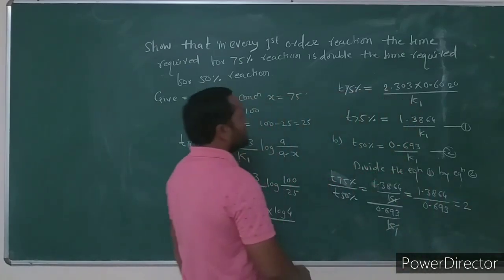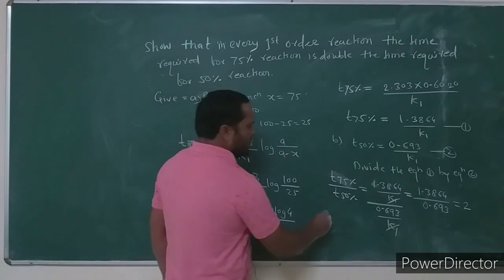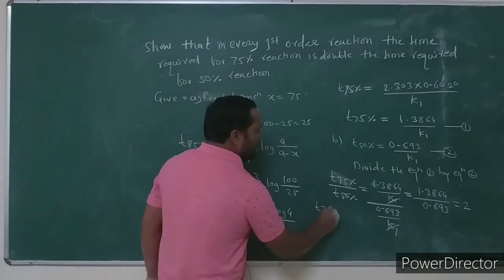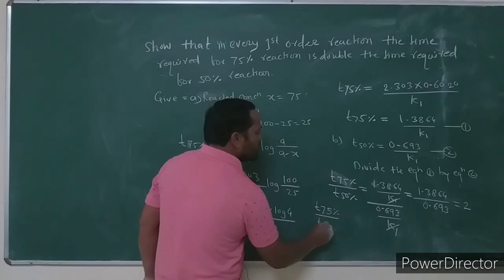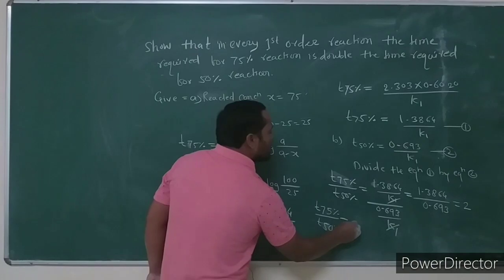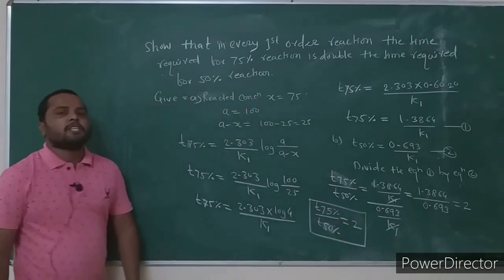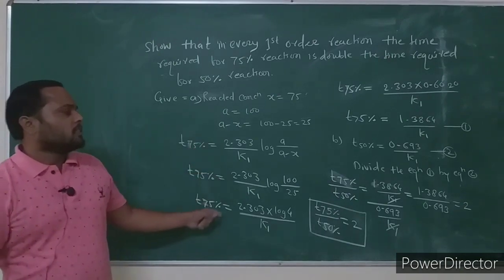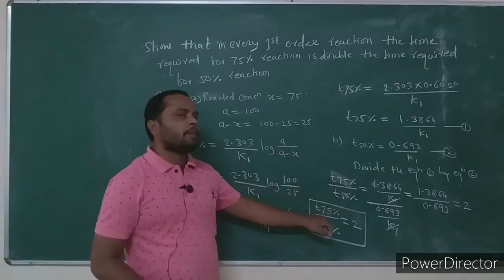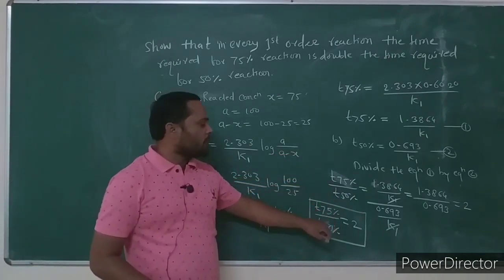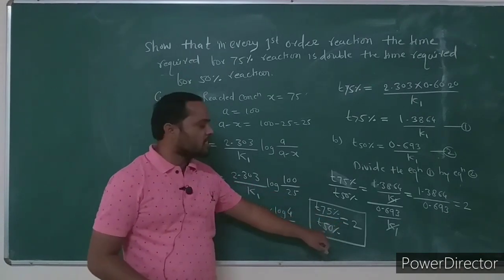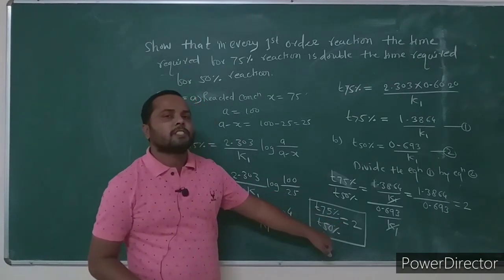This shows that the time required for 75% completion of reaction is double the time required for 50% completion of reaction.